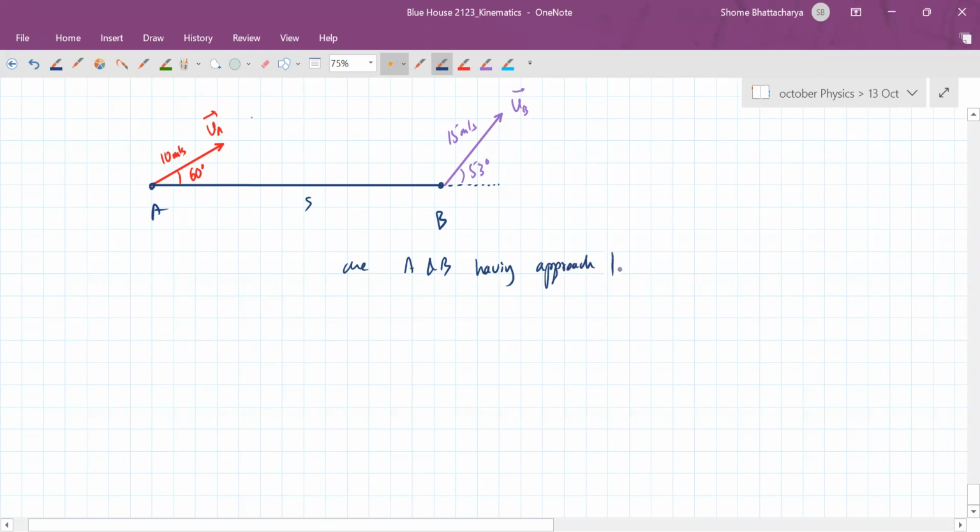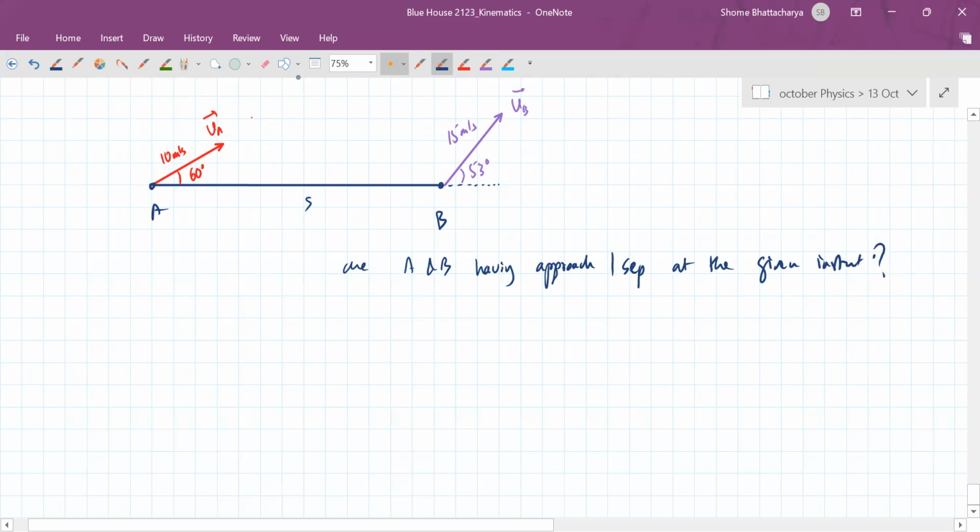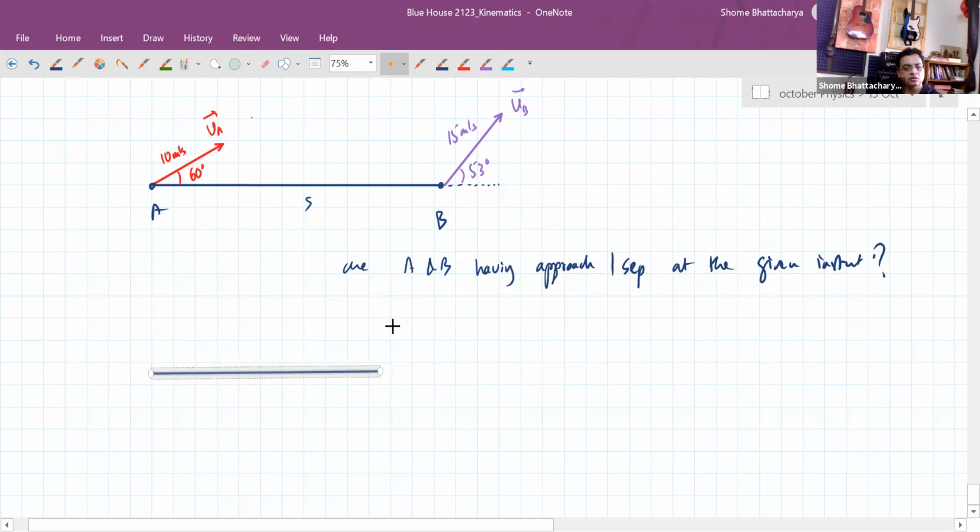At the given instant, you can see that what is happening is, if we just concentrate on the components of velocities along AB, because the perpendicular components don't play a role. Now we just understood this. So this component is VA cos 60. So that is equal to how much? 5.